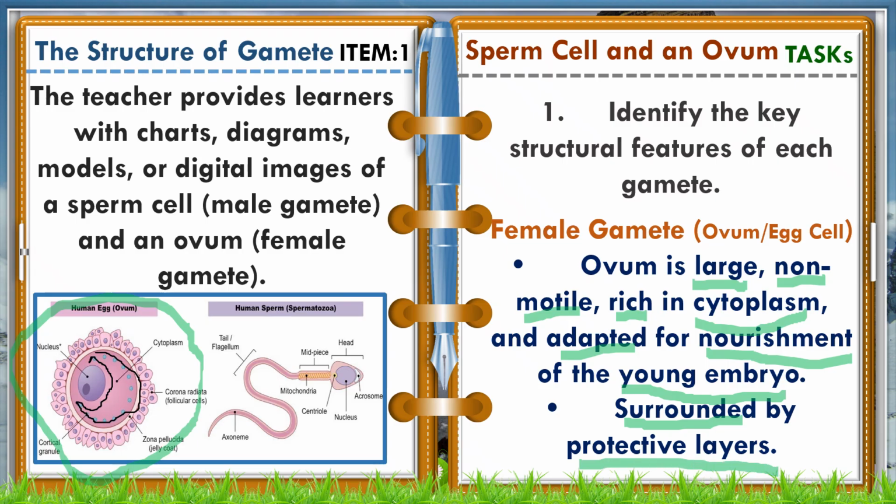It has very many layers. It has the inner layer, the one that we call zona pellucida. And then it has an outer layer, made up of follicular cells. That one is what we call corona radiata. And all of them are protective layers.